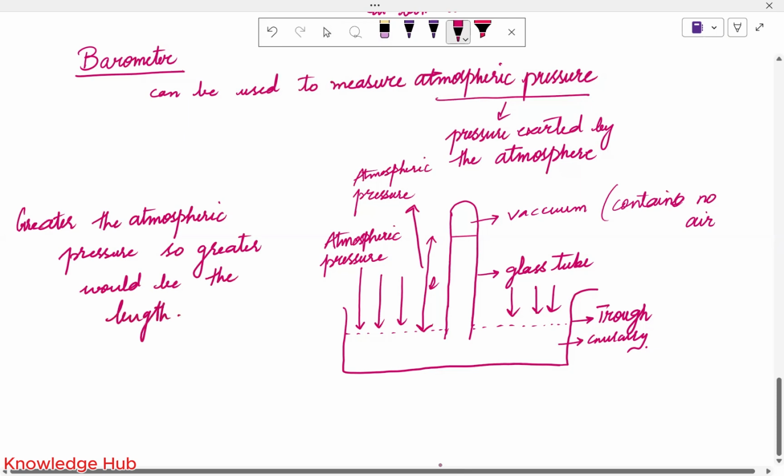Okay. So this is what we can analyze through this diagram. I hope it's clear to you.